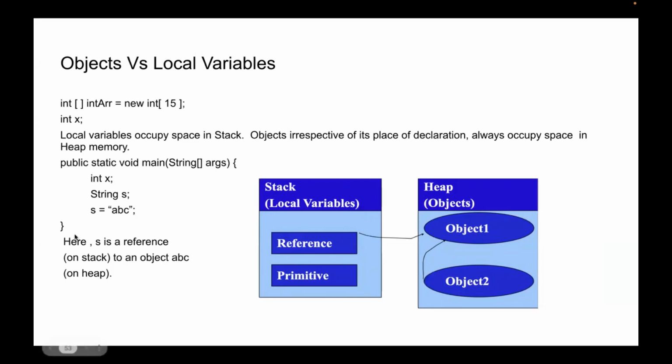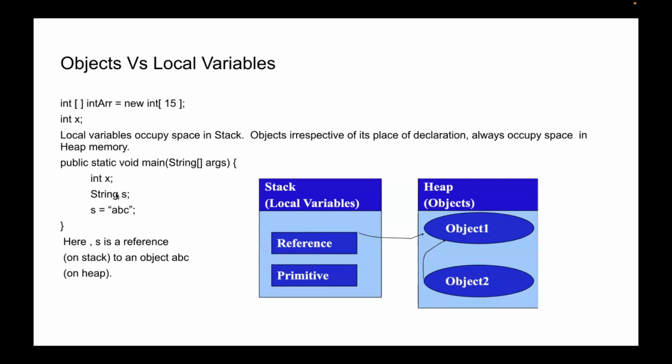So this is the main method, public static void main. We have int x, String s equal to abc. The scope of these variables is only within these blocks. If you try to access this x outside of this main method, you will get an error. Why? Because the scope or lifetime of this particular local variable is just within these blocks. Got it?